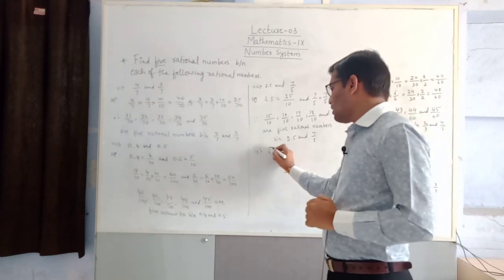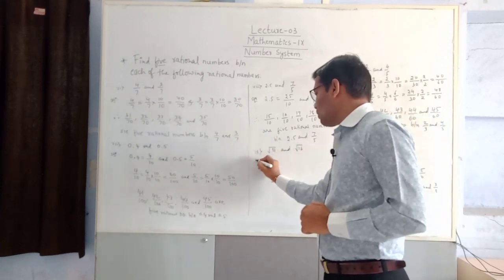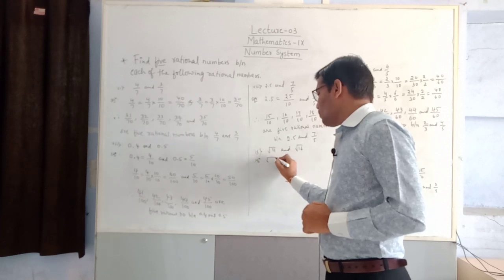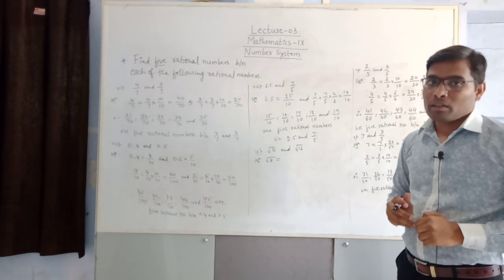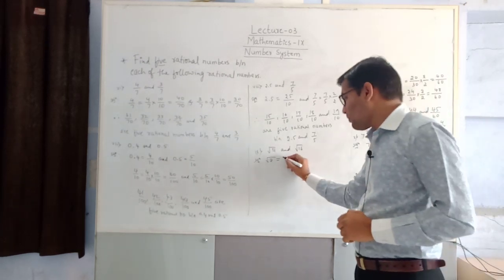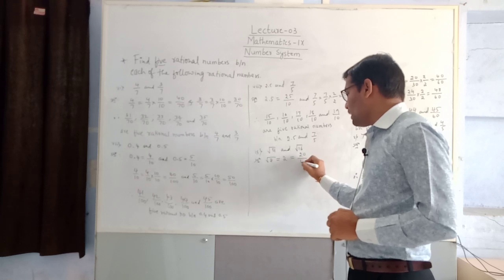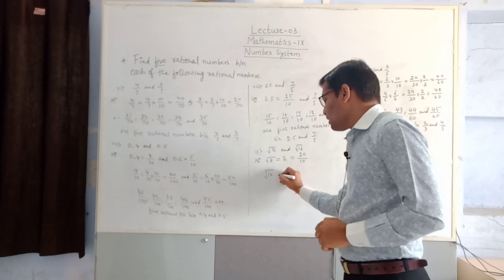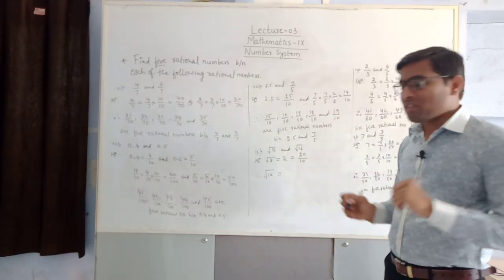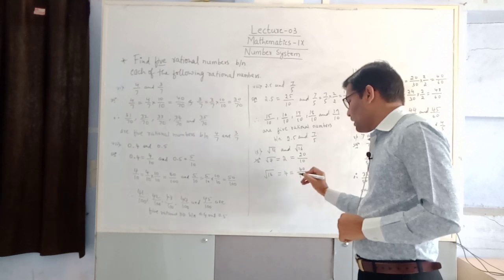that is root 4 and root 16. How to find out? Now we know that root 4 is a perfect square, so the square root of 4 is 2, and this can be written as 20 by 10, and 16 also is a perfect square, and the square root of 16 is 4, and it can be written as 40 by 10.